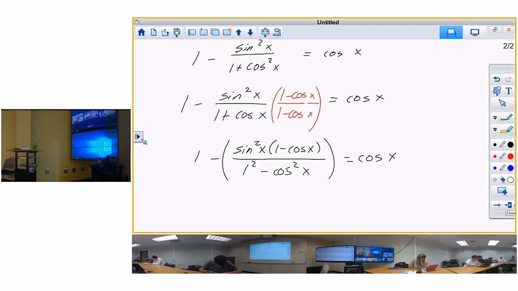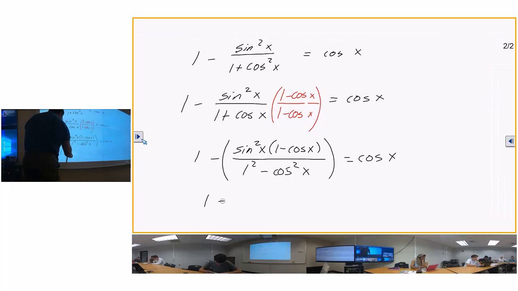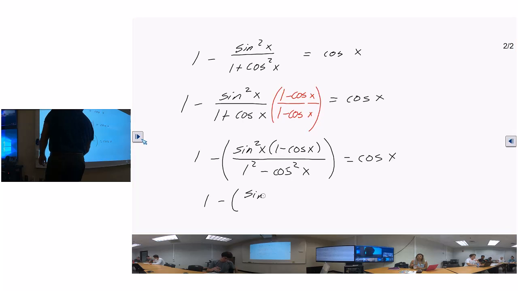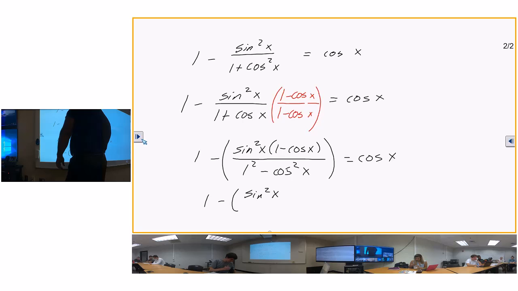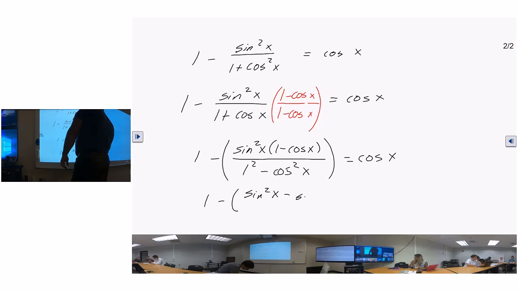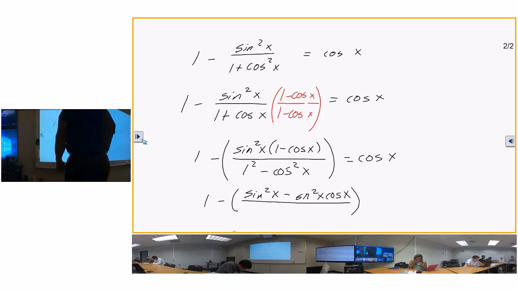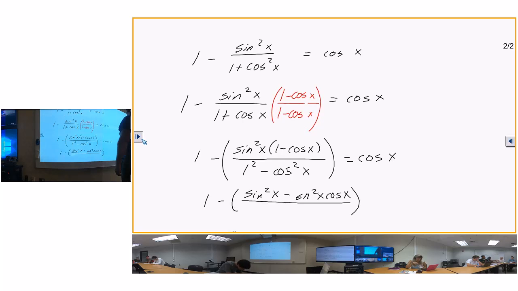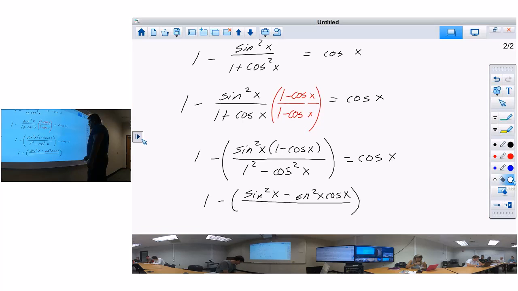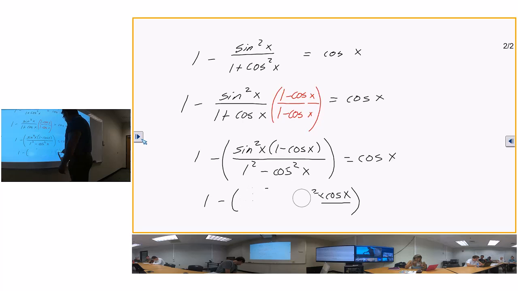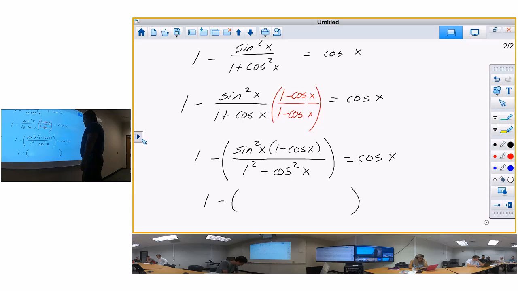So that's going to give you 1 minus sine squared x minus sine squared x cosine of x, right? Over, well, I don't want to do that yet. I forgot to change the bottom, sorry. Change the bottom to what? Sine squared of x. Yes. There you go. It's a whole lot better to do it that way.